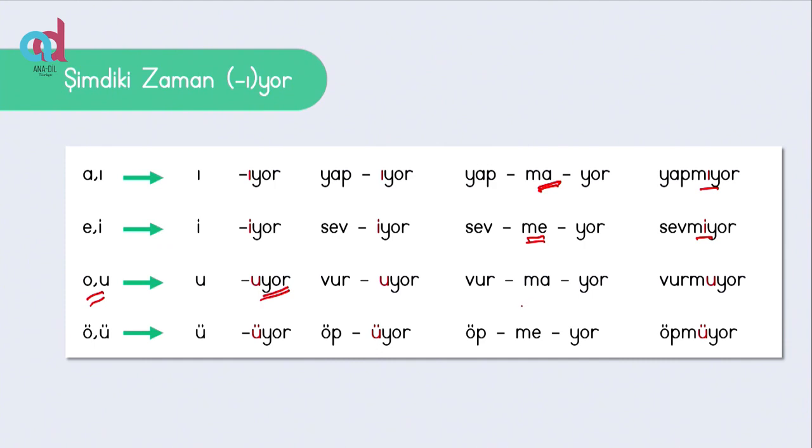When we use our negative suffix, instead of vurmuyor, it needs to change into u, vurmuyor. If we have ö, ü in our syllable, then the suffix needs to start with ü, like here, öpüyor. And the negative öpmüyor turns into öpmüyor.